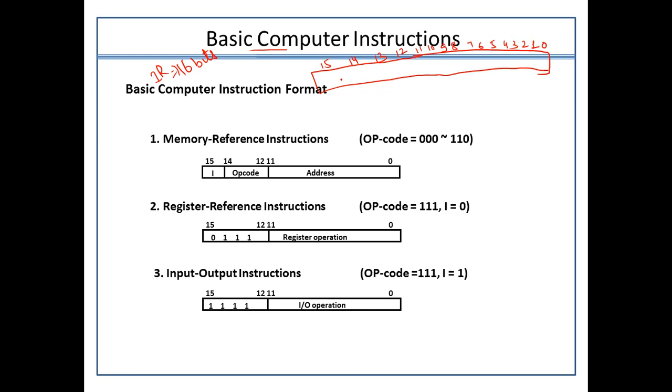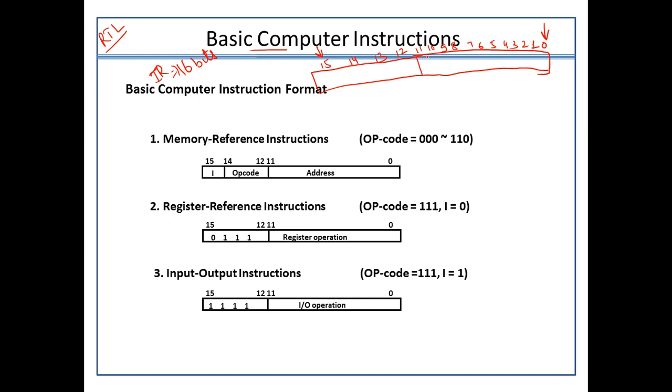We know that in register transfer language, RTL, we have taught you that the least significant bit will be present on this side, the right hand side, and the most significant bit will be represented here on the left hand side. So 0 till 15 represent that the size of this instruction register will be 16 bits. Now the next point is, this instruction format is divided into three parts.